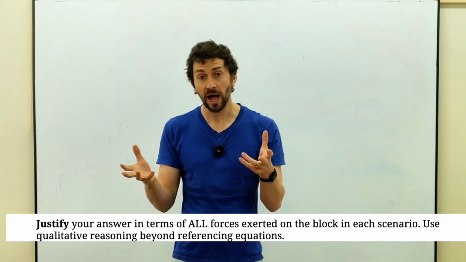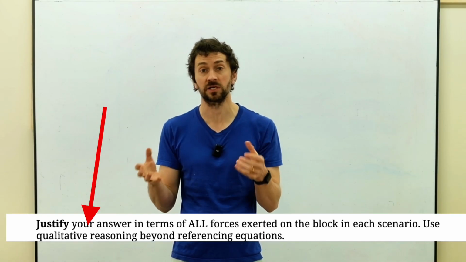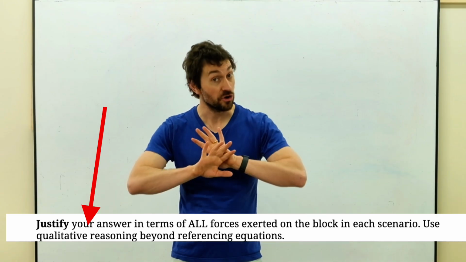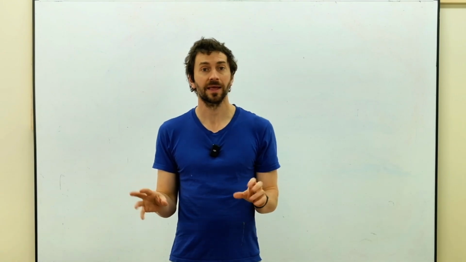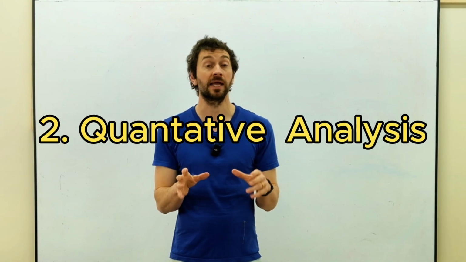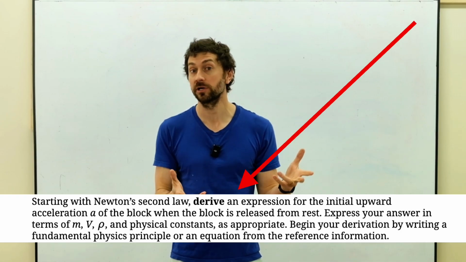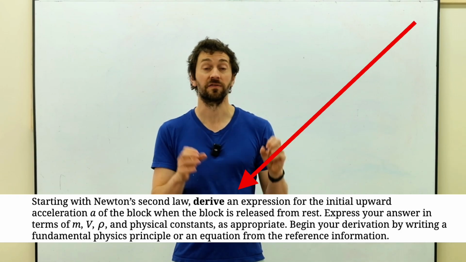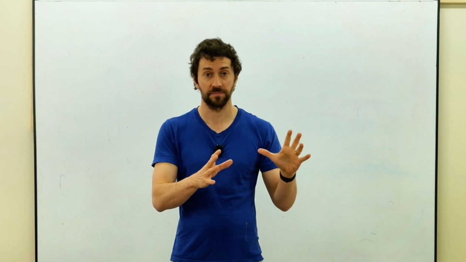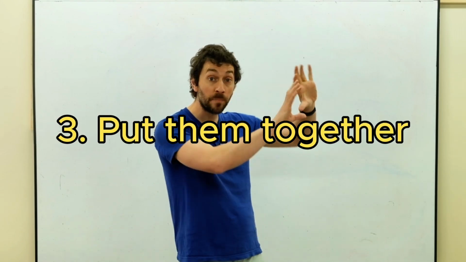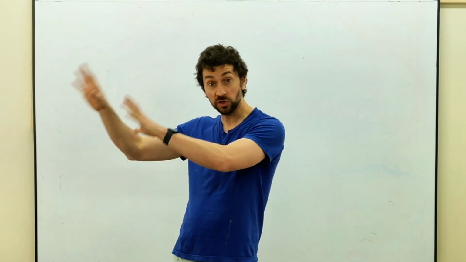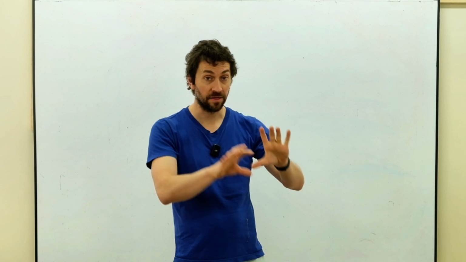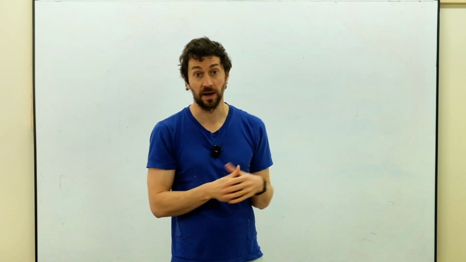So describe what's going to happen with physics just using words and not using equations. In the second part, B, it will say derive some expression. That's quantitative. That's using the math. And then in the third part, we're going to put them together. So just words, then the math, and then say, do they connect somehow?